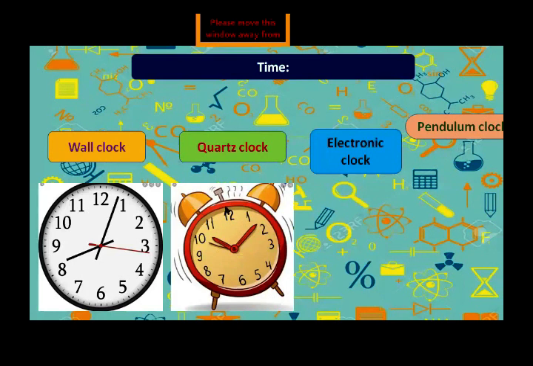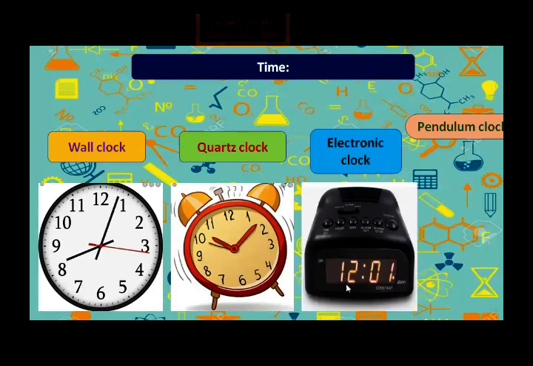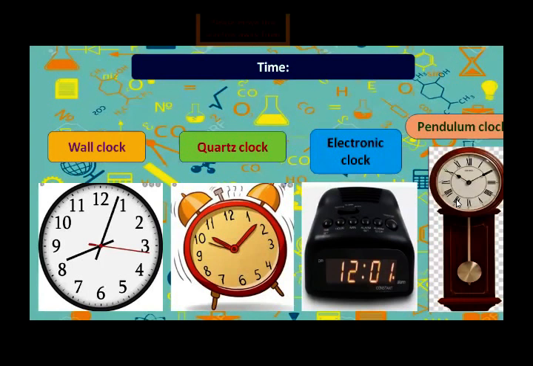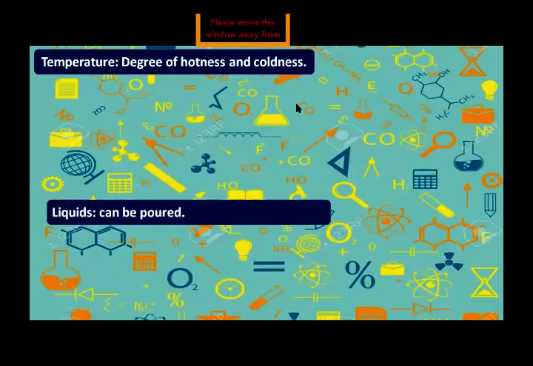This is the alarm clock, and mostly now you can see quartz clocks in cartoons. The third one is the electronic clock. An electronic clock will tell you the time in numbers. And the fourth one is the pendulum clock. A pendulum clock has a pendulum. So these are the types of clocks.